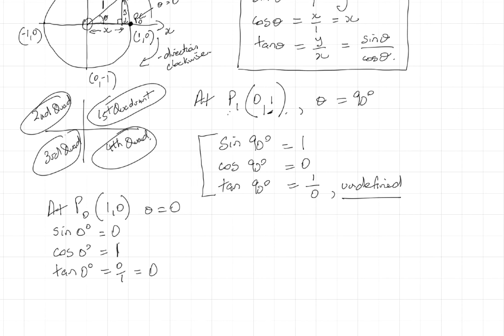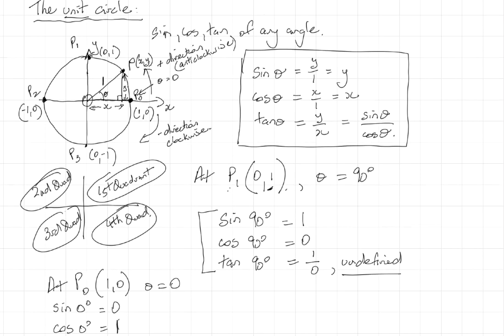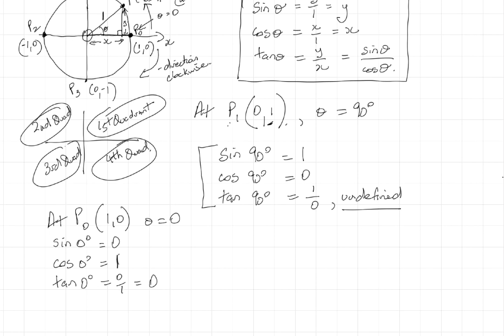At P2, going back looking at the diagram up here, P2 is out there and P3 is down there. Rather than go through all those, you can just write down what they are.